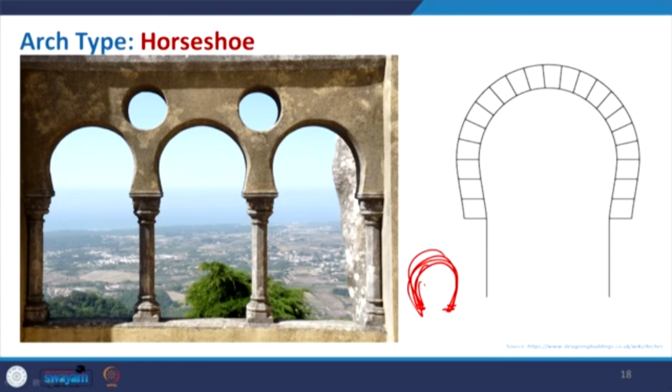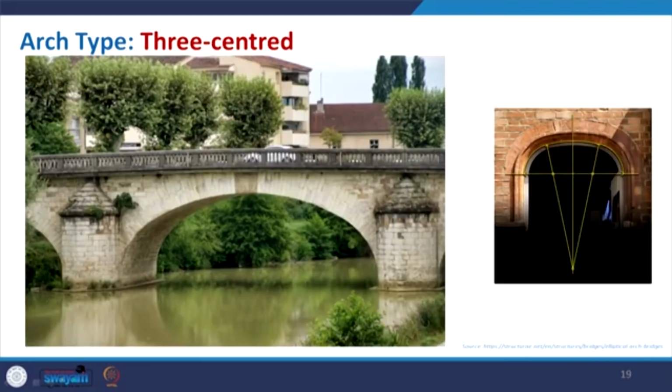The formation is the same. So, this is a schematic where it will look like this. Then the three centered arch is something where it is not basically the trefoil kind, but here you have the arch form. So, here you have a circle, then you have a circle here.